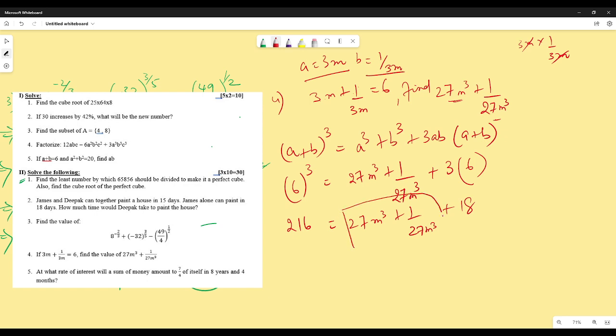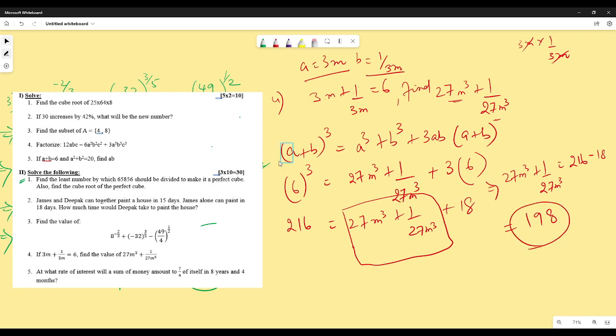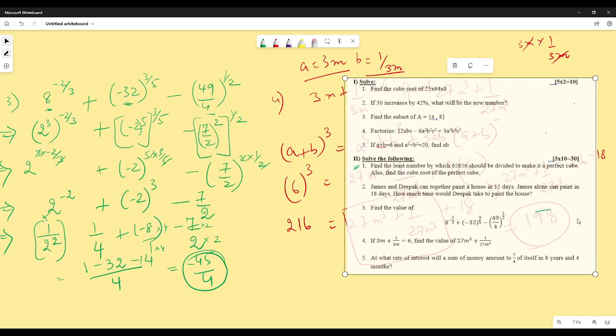So we shift the numbers to the other side, and what we get is 27m cube plus 1 by 27m cube is equal to 216 minus 18, which gives you the answer as 198. So that should be the solution to this question. This is how you should be solving it.